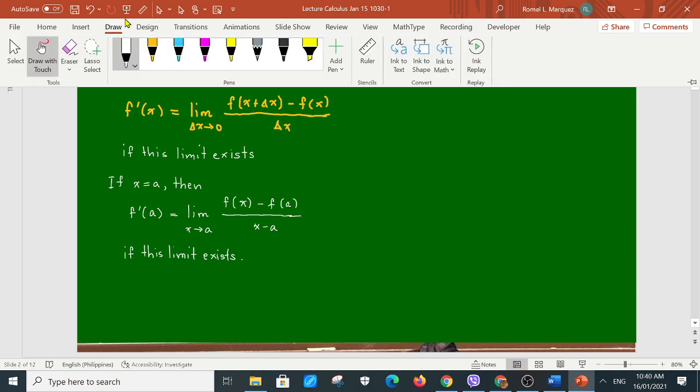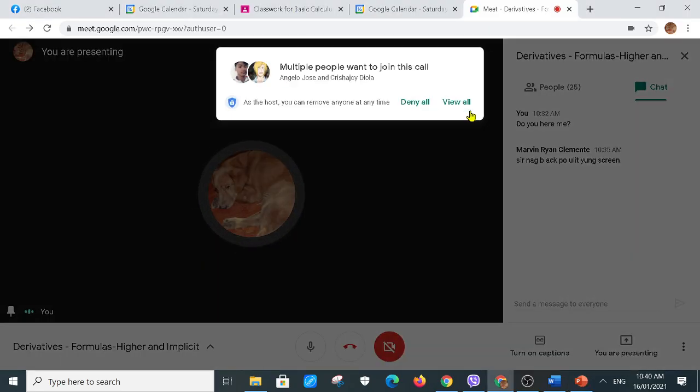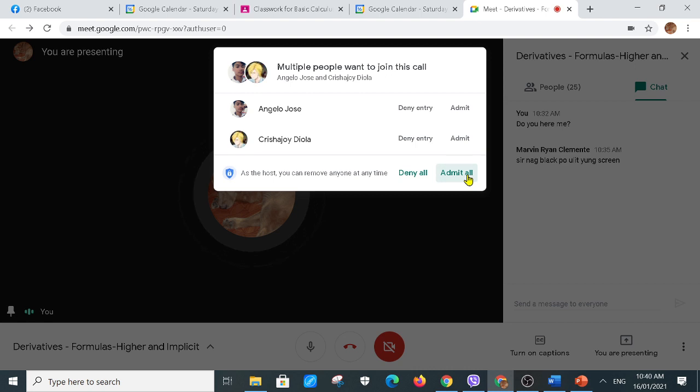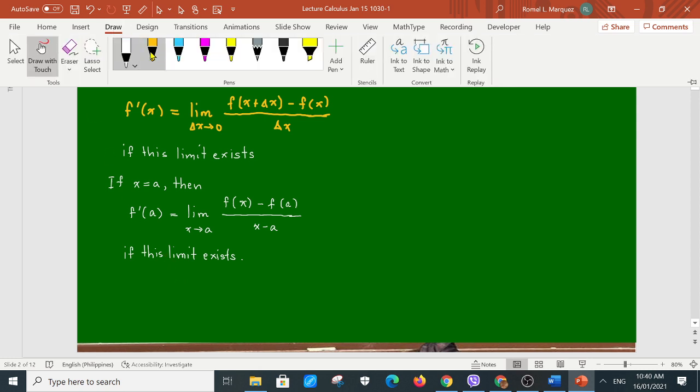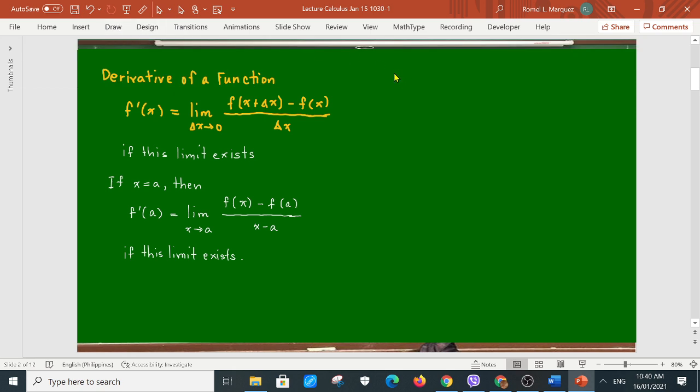Derivatives can be one-sided derivatives, no? Because we define the derivative as a limit. Remember, for limits we have the right-hand limit and left-hand limit, and we have right-hand continuity and left-hand continuity. Same thing for the derivative. So there are what we call one-sided derivatives.